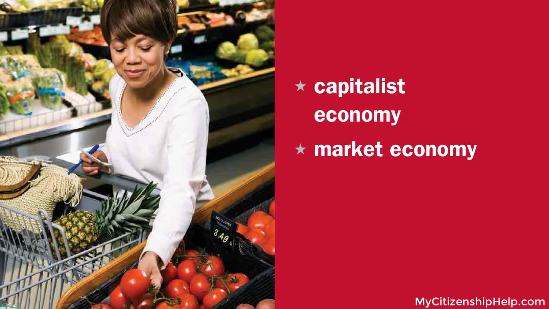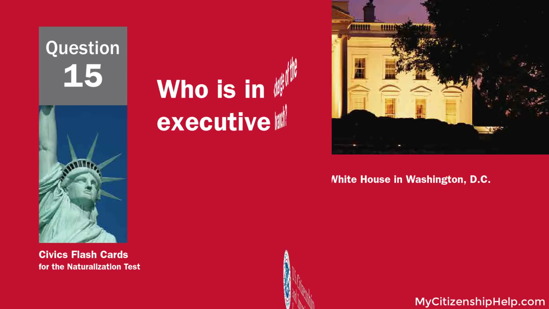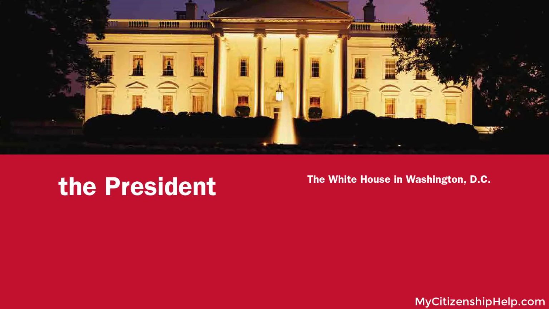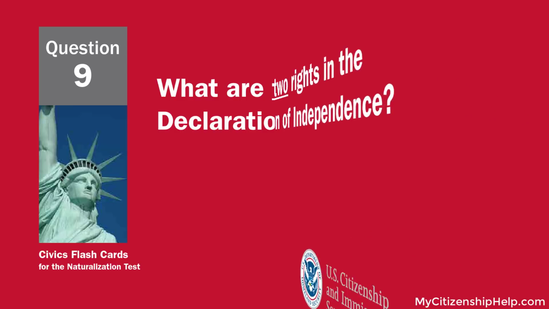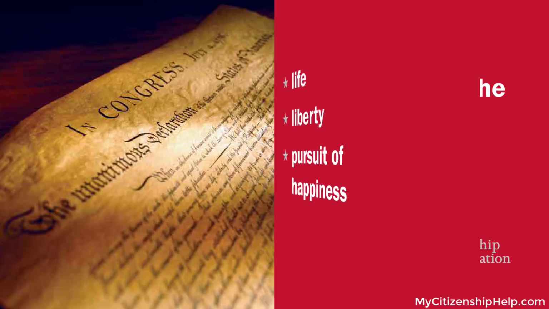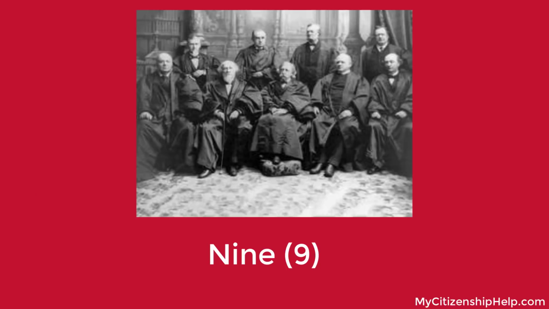Capitalist economy. Market economy. Who is in charge of the executive branch? The President. What are two rights in the Declaration of Independence? Life. Liberty. Pursuit of happiness. How many justices are on the Supreme Court? 9.